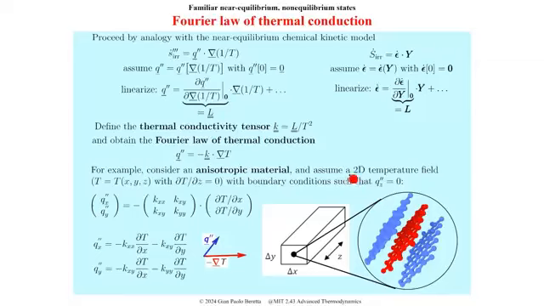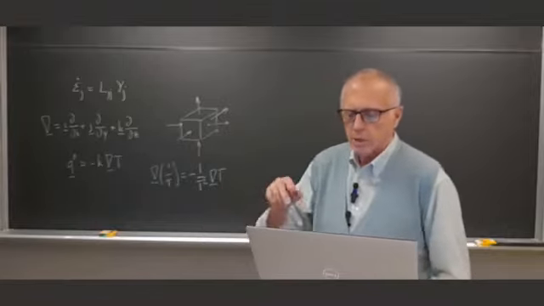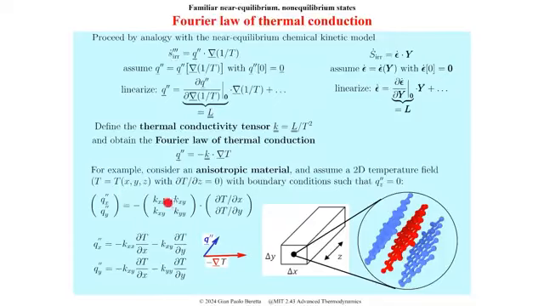Two-dimensional means that nothing changes with the z direction, neither the temperature nor the heat flux nor the boundary conditions. In that case, every partial derivative with respect to z is equal to 0. That's the condition for 2D symmetry. So, for example, the temperature field depends only on x and y. That's to simplify, and the Fourier law becomes this linear expression here.